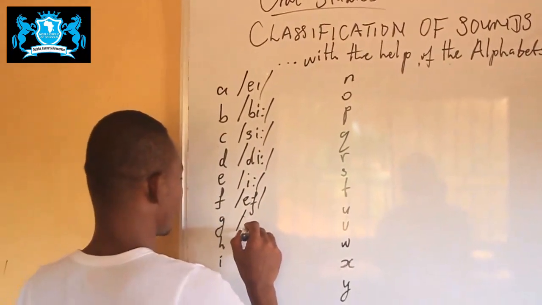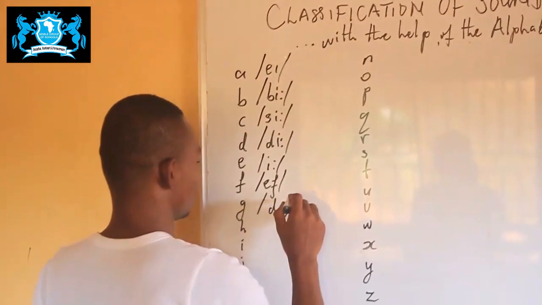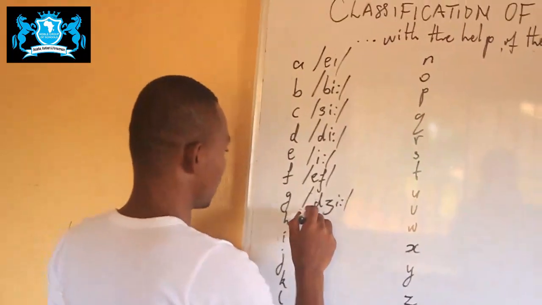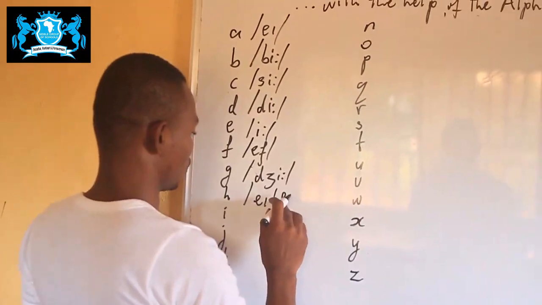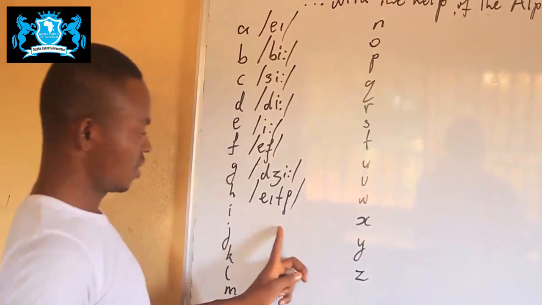G is transcribed as G. H is transcribed as H.